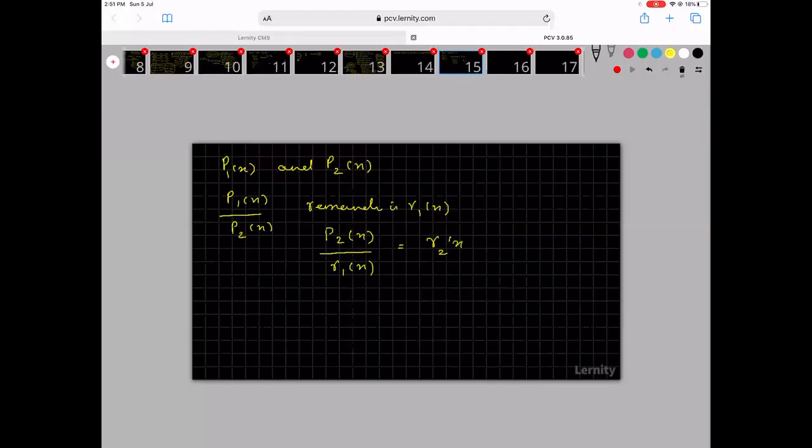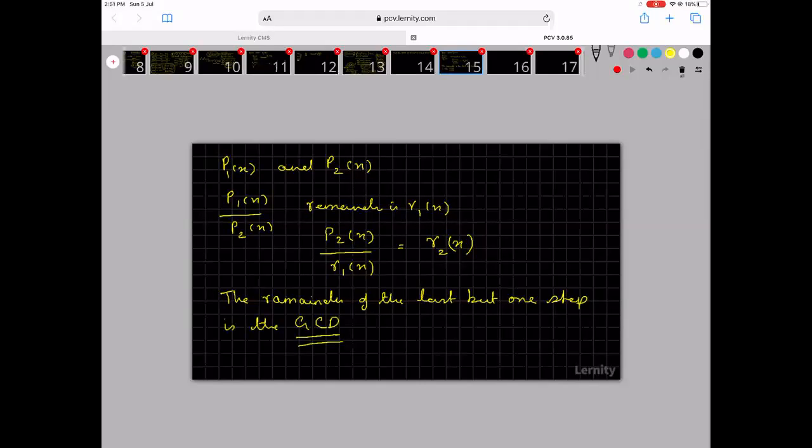Suppose the remainder is R2(x). We keep doing this till we get zero remainder. Now the remainder of the last but one step is the GCD.